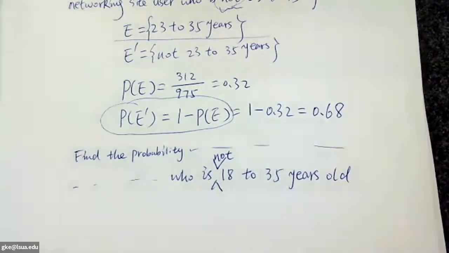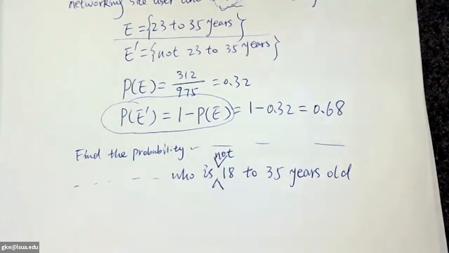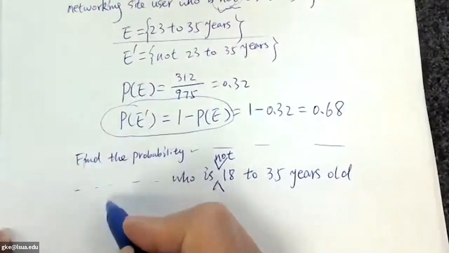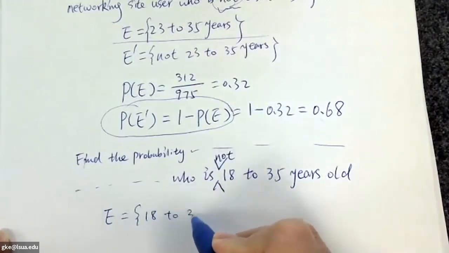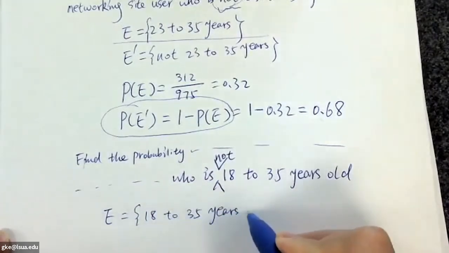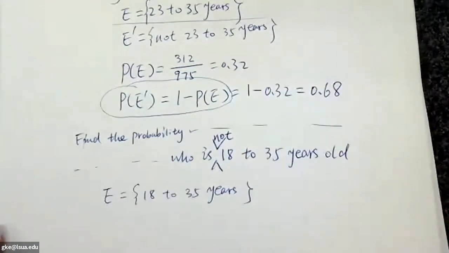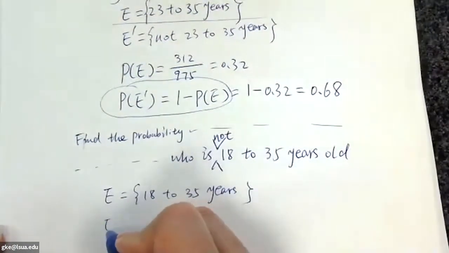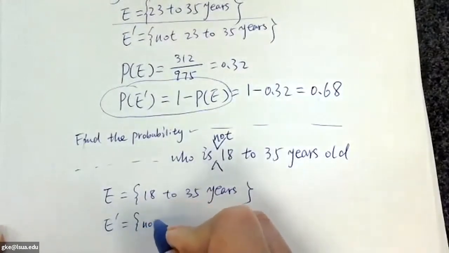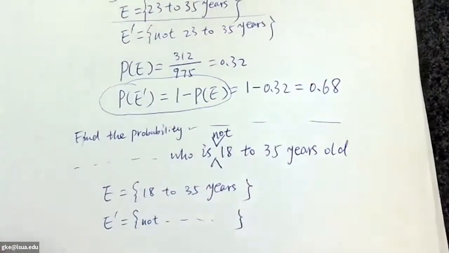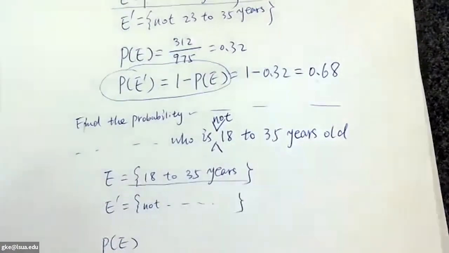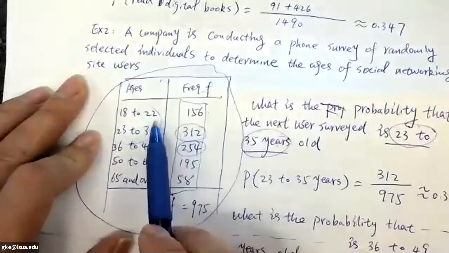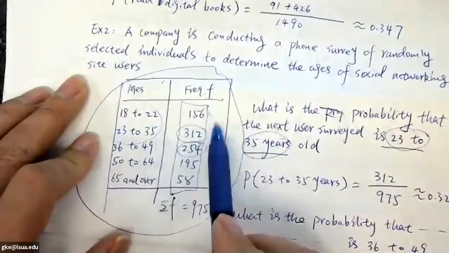Okay, I'm going to finish this problem together with you. If we let E be 18 to 35 years old, now what is E prime? Not. Then what is P(E)? P(E) is 18 to 35 years old. We can see from the table that 18 to 35 years old is these two numbers.